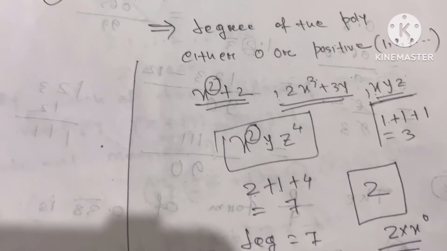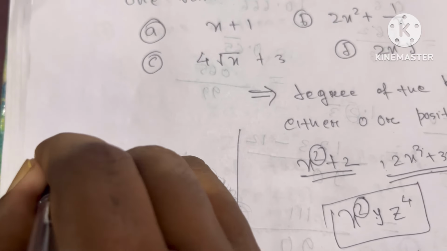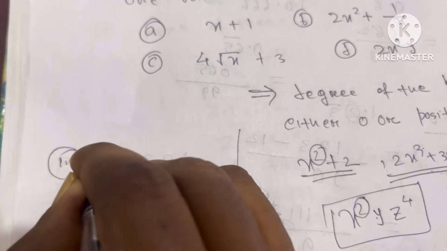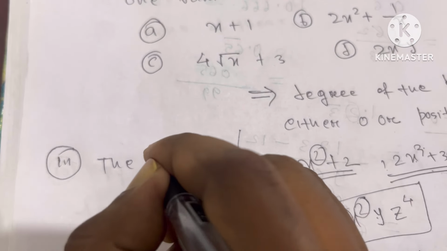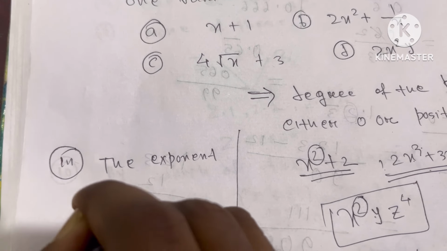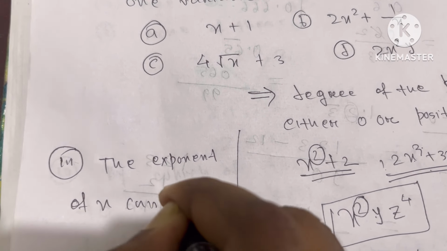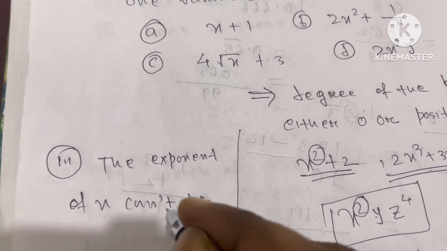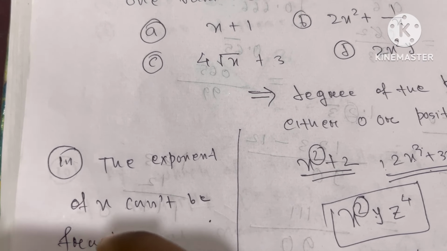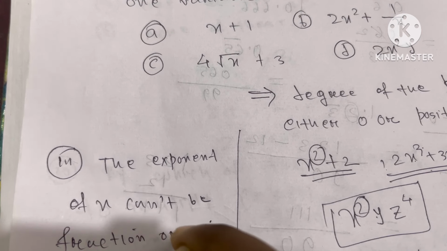So you have to remember this concept of polynomial. And the third concept is that the exponent of x cannot be a fraction or decimal.